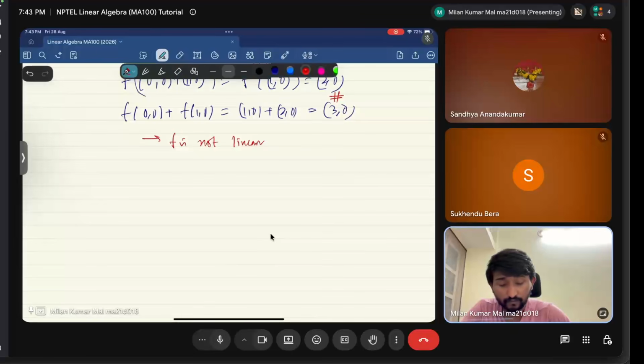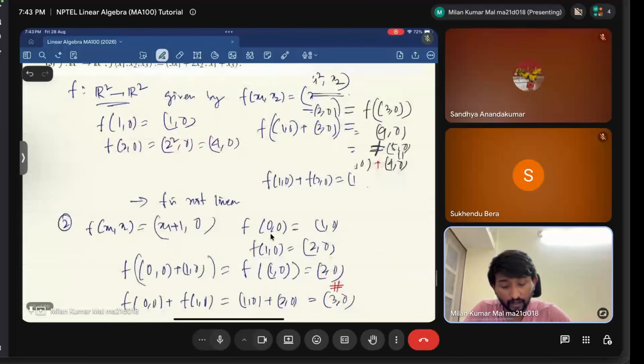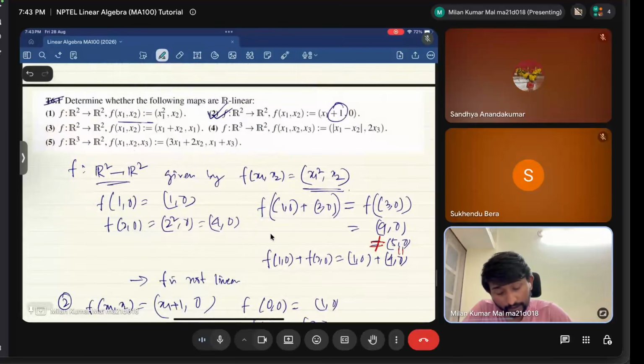So let's check another one, where this may be linear. F of x1, x2, x3 is equal to 3x1 plus 2x2, x1 plus x3.